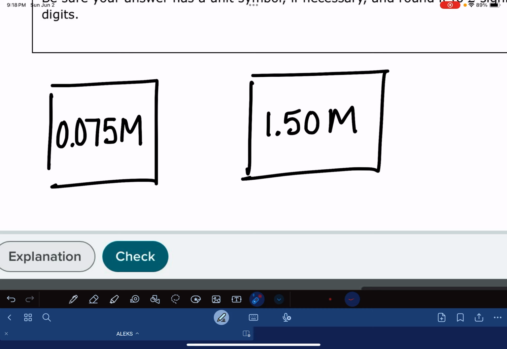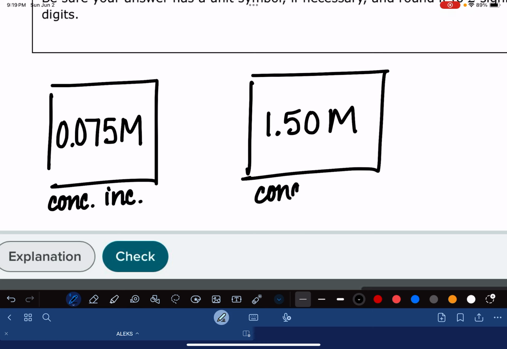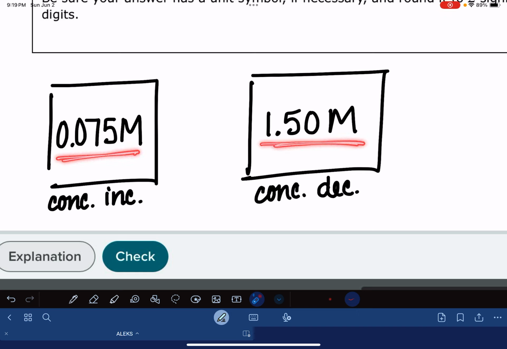So for my problem, the left side of my cell is the one that has a lower concentration, and that means that the concentration of the ions on the left side of my cell needs to increase, and the concentration on the right side of my cell needs to decrease. And again, this is simply because the electrons are going to move around in such a way that the two concentrations will eventually equalize themselves.